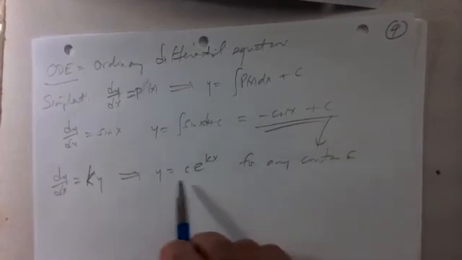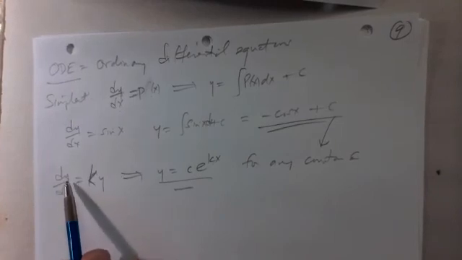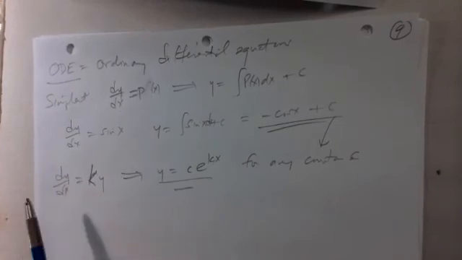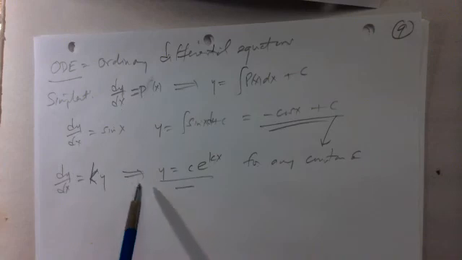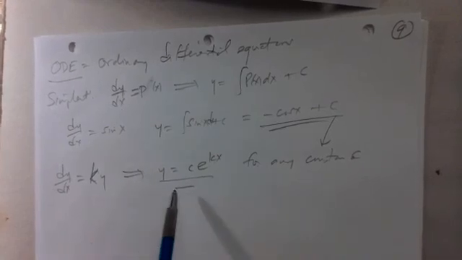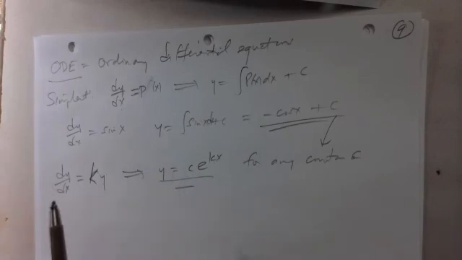So if you have this differential equation in one variable, y is a function of x, if dy/dx is k times y, there may be more solutions, but you know at least one solution. y is c e to the kx, and you can check by differentiating. Okay. Any questions about that? Is that okay?